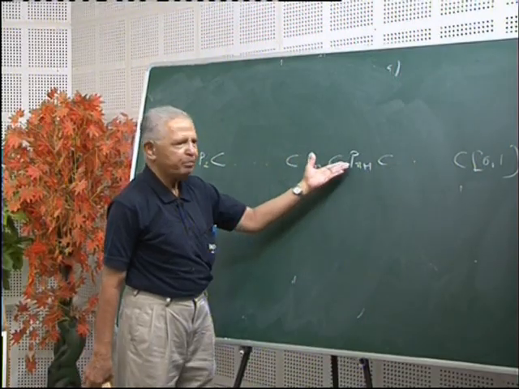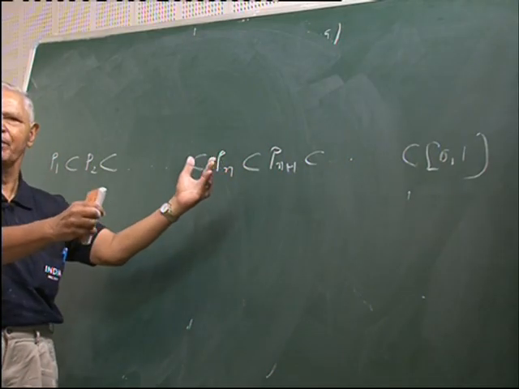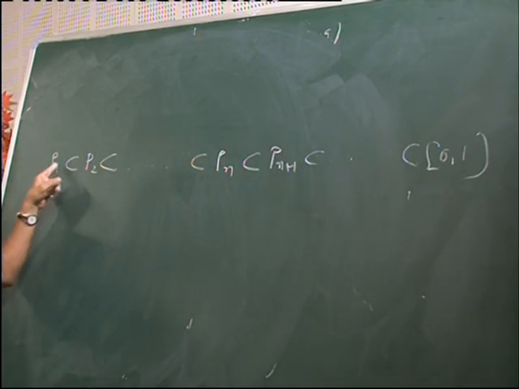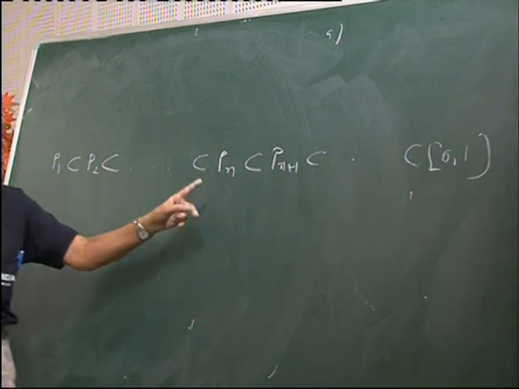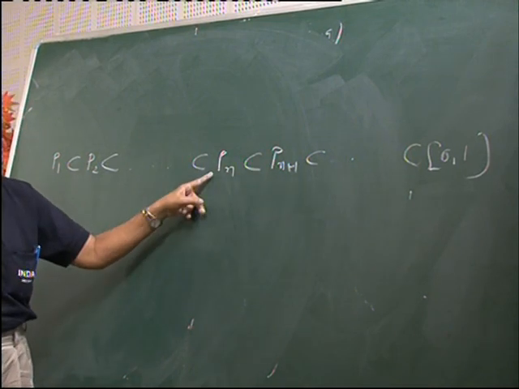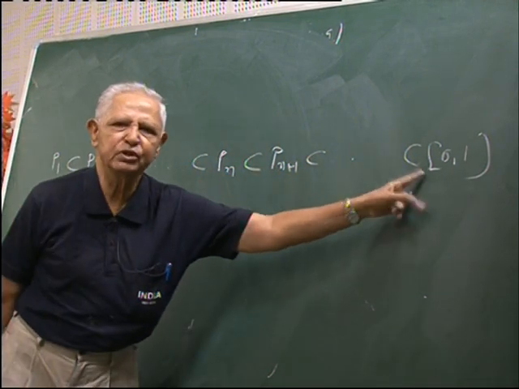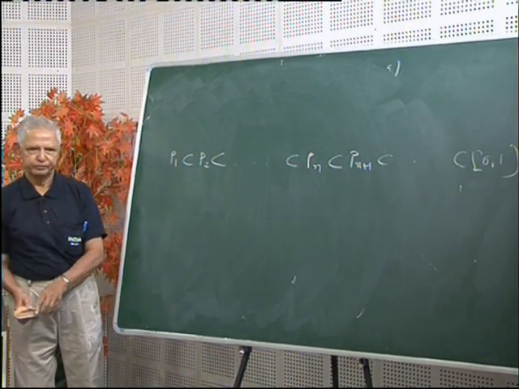And so, what happens here? We have an infinite number of examples of subspaces. P1 is a subspace of P2, P2 is a subspace of P3. In general, Pn is a subspace of Pn plus 1, and Pn is a subspace of C[0,1] for each n.